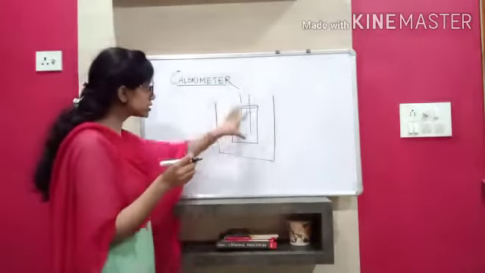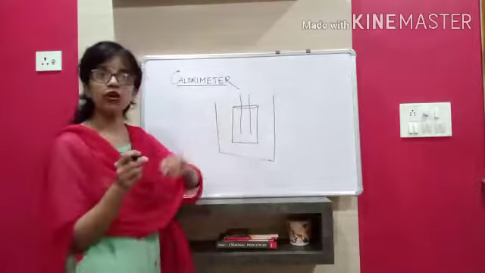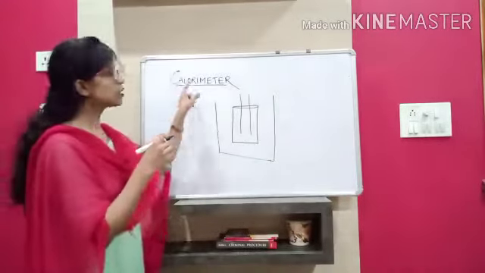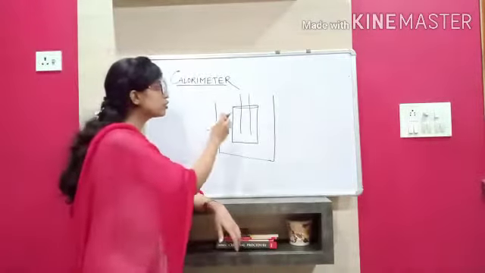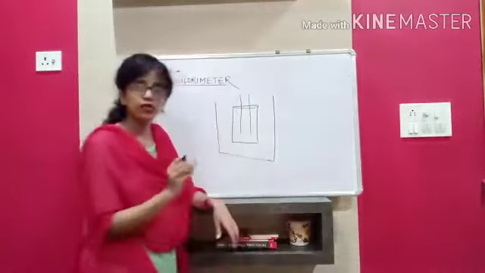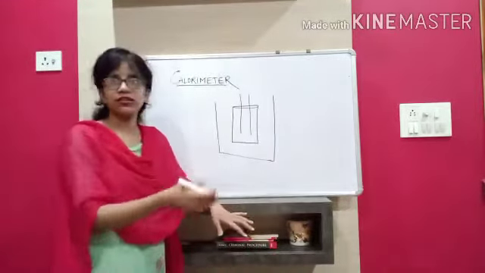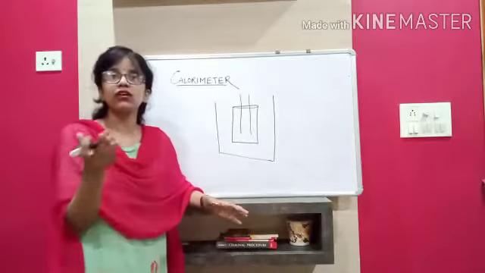Why are we putting this system into a wooden box? So that when we measure the heat, some amount of heat is not lost to the surroundings, because we know that heat can be radiated or conducted into the surroundings.